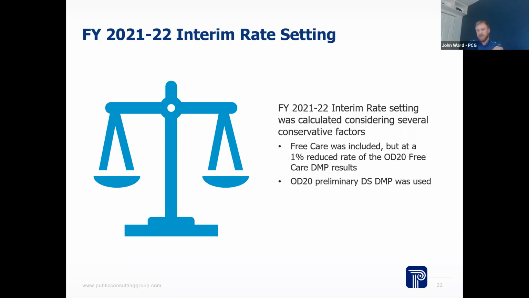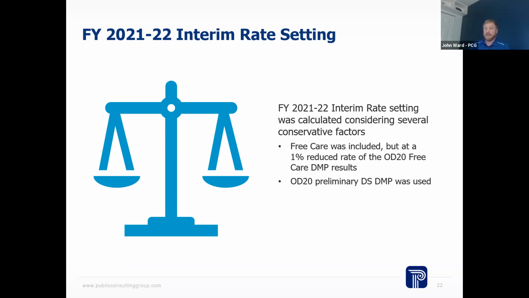So if it was 3.4, we used 2.4 as an example. And that was from that OD20 free care time study results that we went over a few slides ago.